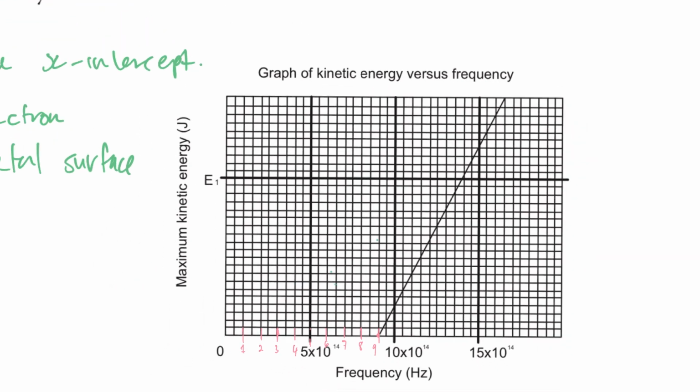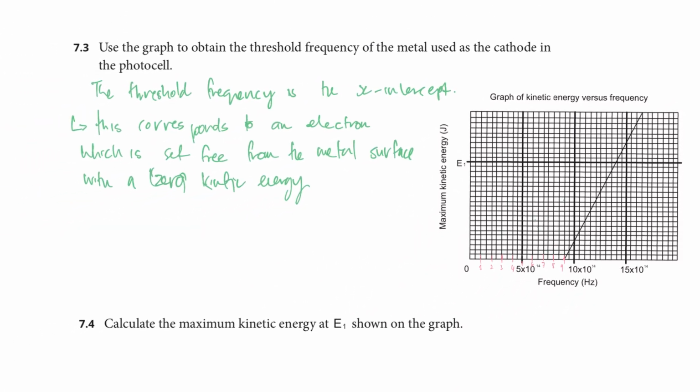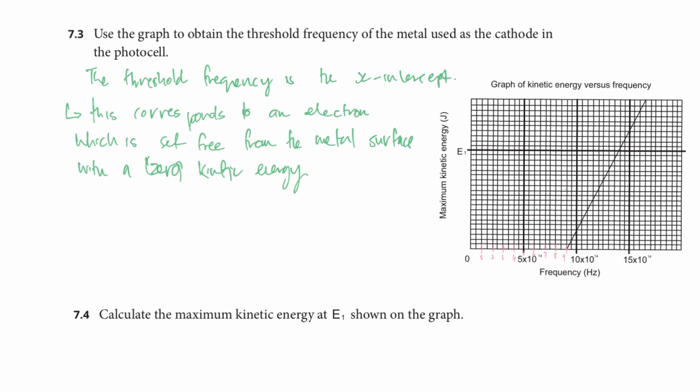So our x-intercept, or rather our threshold frequency, is at 9 times 10 to the power of 14 and 0.